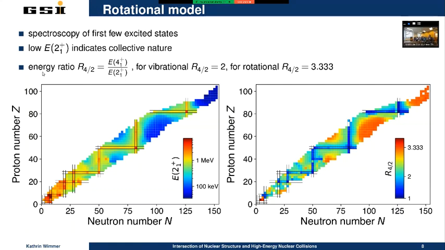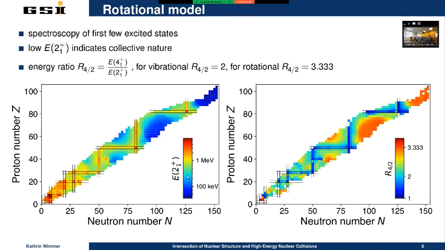But what we typically look at is this R4-2 ratio, the energy ratio of the 4+ state to the 2+ state, which in the rotational model with this J times J plus 1 factor comes out to 3.33. And for a purely vibrational state, a sphere that vibrates, this comes out to 2.